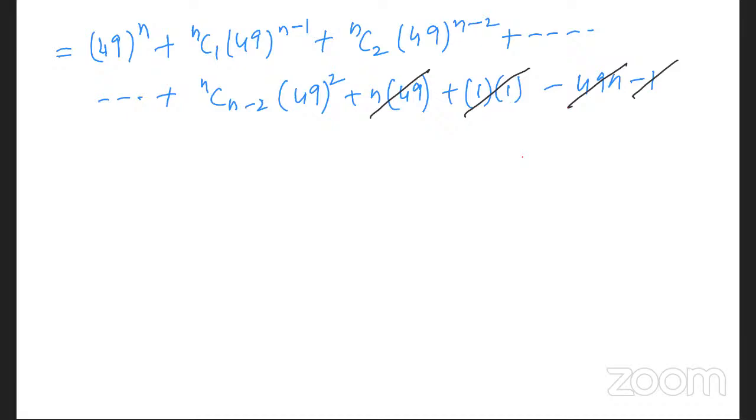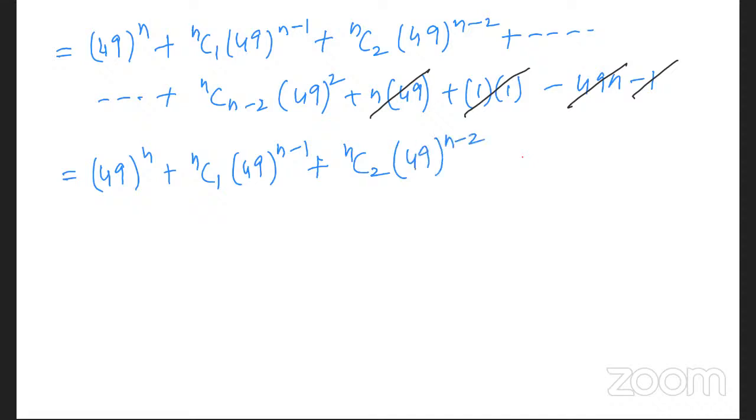So this can be written as (49)^n plus nC1 into 49 whole to the power of n minus 1 plus nC2 49 whole to the power of n minus 2 plus so on plus nC(n minus 2) into 49 whole square. This is a term left.